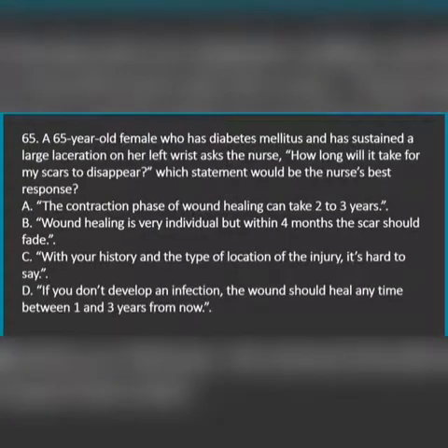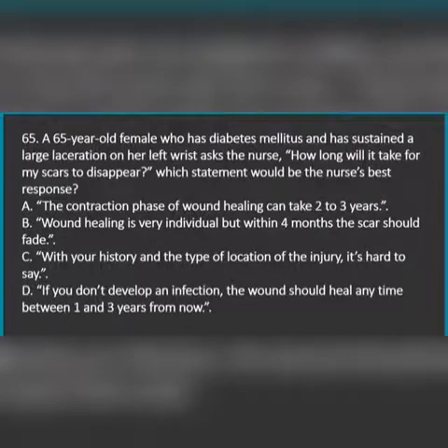Question 65. A 65-year-old female who has diabetes mellitus and has sustained a large laceration on her left wrist asks the nurse, "How long will it take for my scars to disappear?" Which statement would be the nurse's best response? A. The contraction phase of wound healing can take 2 to 3 years.